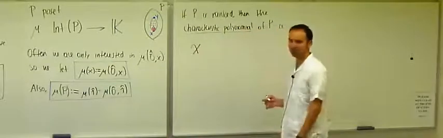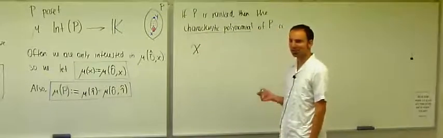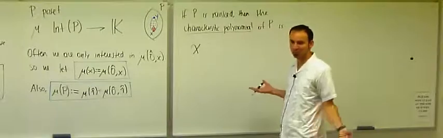Again, the notation is a little bit unfortunate because for us chi has been a character, but usually people write the characteristic polynomial chi. So I think it won't be ambiguous. Okay.